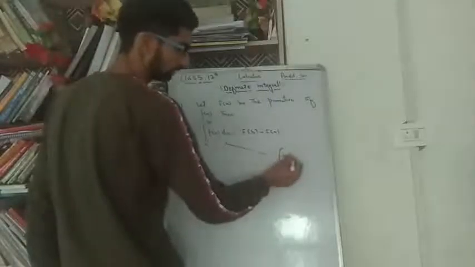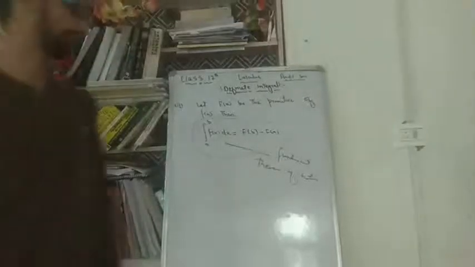This formula is called the fundamental theorem of integral calculus, the second fundamental theorem of integral calculus, that gives us the definite integral of f of x dx as F of b minus F of a.